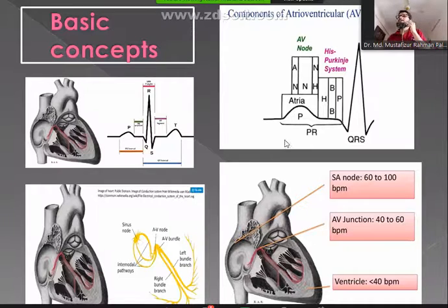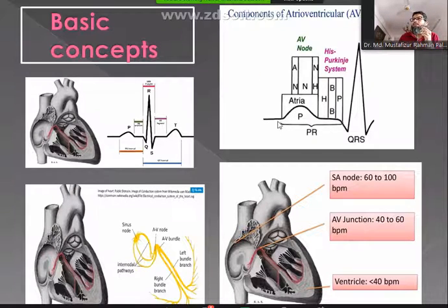Another thing is AV conduction, which is very important for understanding bradyarrhythmia. It is how the impulse originates from the SA node, goes to the AV node, and then to the rest of the conductive system.